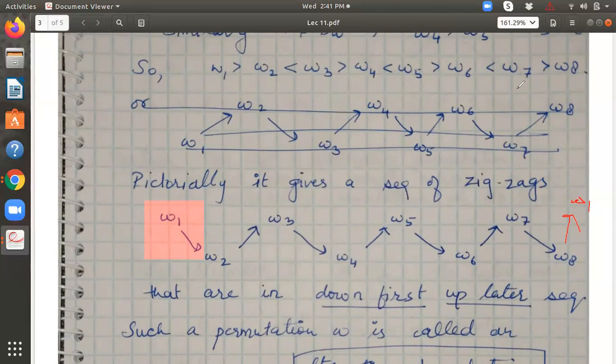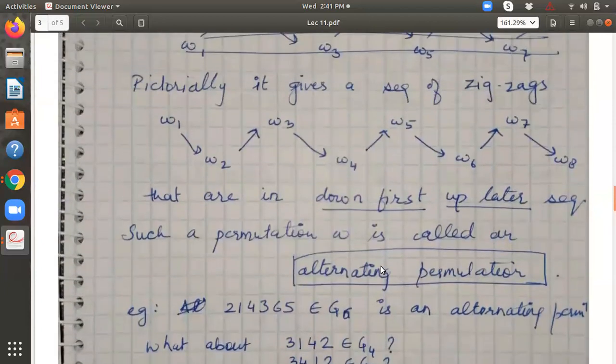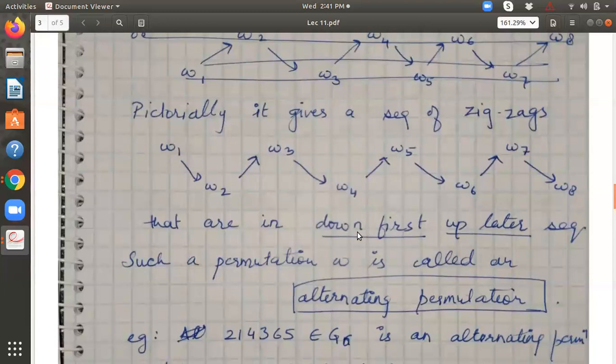In such a scenario, what would have happened? Sometimes to make it shorthand, down first, up later is simply said down up.